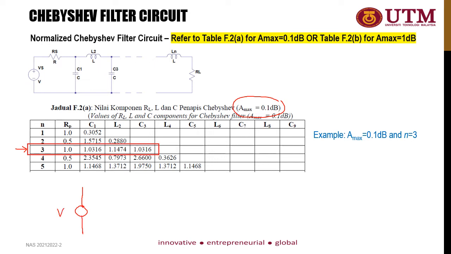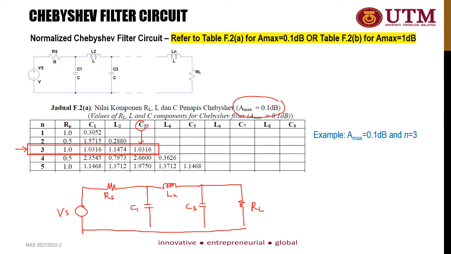You have your Vs here, and then the normalized resistor given by Rs, and then the first one must be C, so it is C1, followed by L2, and the last one is C3. That's all the components you have, and the circuit must be terminated by RL.